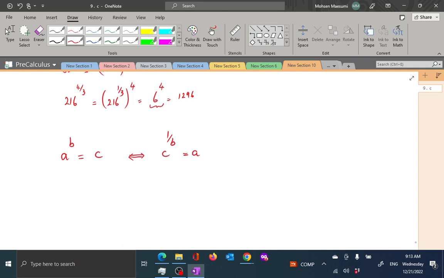Everybody sees that? If I raise both sides to the power of 1 over b, this is what it says. So again, if I have 2 to the power of 3 is equal to 8, that's the same as saying 8 to the power of 1/3 is 2.